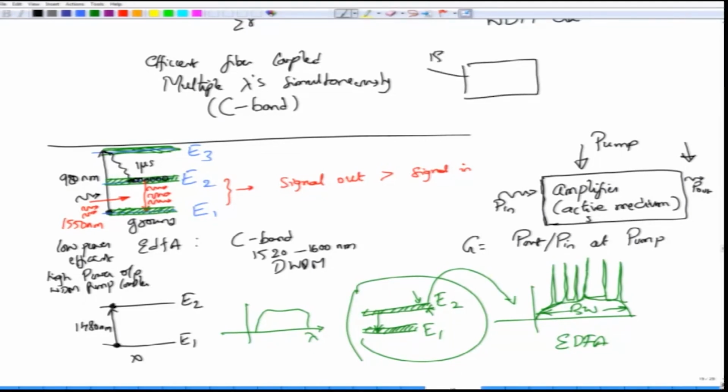You have a 1550 nanometer signal input port, and a 980 nanometer input coming from a pump diode, and the pump coupler couples these two very different wavelengths. Then you can give this to the erbium doped fiber for amplification purposes.